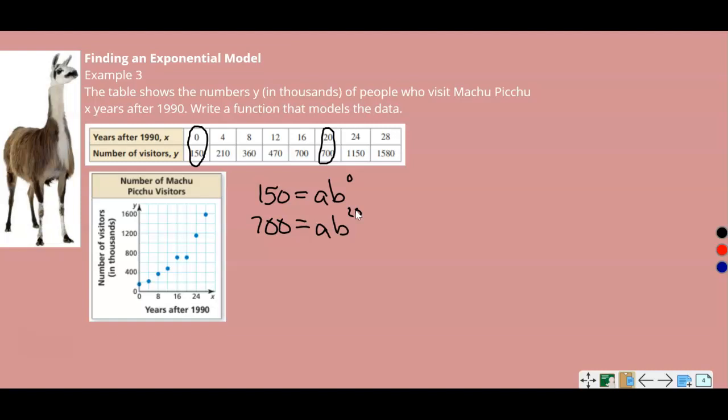So the first one, b to the 0 power, is 1. Anything to the 0 power is 1. So this already tells us that a equals 150. So I can plug that in. So 700 equals 150 times b to the 20th power, divide by 150.